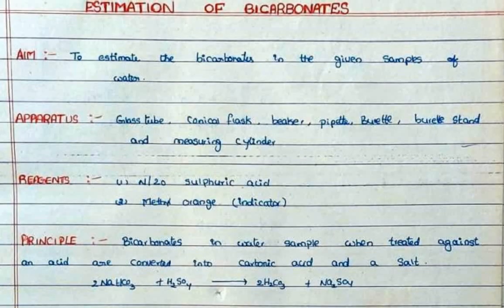So, estimation of bicarbonates. The aim is to estimate the bicarbonates in the given samples of water. Apparatus: glass tubes, conical flask, beaker, pipette, burette stand, porcelain tiles and measuring cylinders. Reagents: N/20 sulfuric acid, methyl orange.